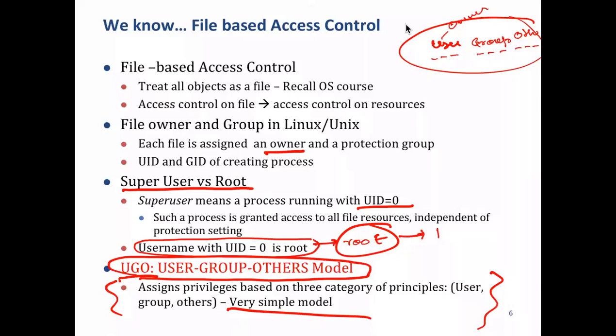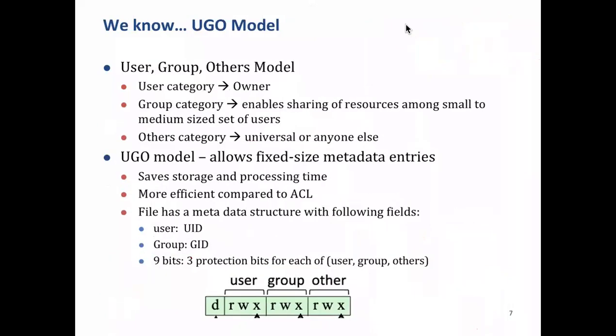Then the person falls under others, and whatever permissions others have apply. So access control becomes extremely simple. So we have the user category, group category, and others category. For the group category, you can define what the groups are, like your class, or your batch, or all can also be everyone in, say, IIT Goa, and so on.